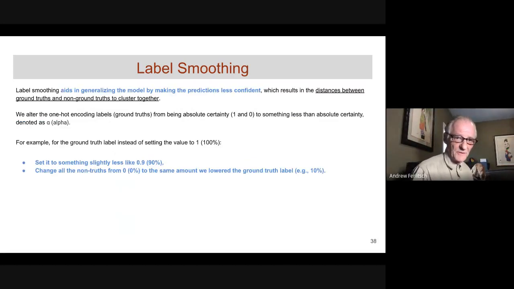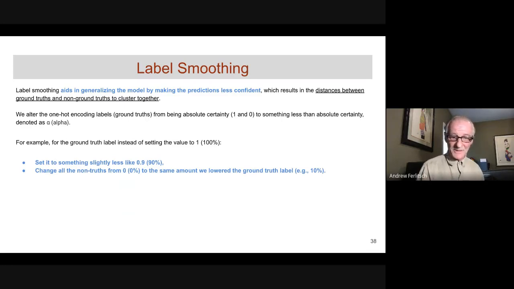So label smoothing aids in generalizing the model by making the predictions a little less confident, which results in the distances between the ground truth and the non-ground truths clustering together, that is, being almost equal distance from the truth that's being predicted. The way we do that is we alter our one-hot encoded labels from being an absolute certainty, 1 and 0, to something a little less than absolute certainty. We denote that as alpha.